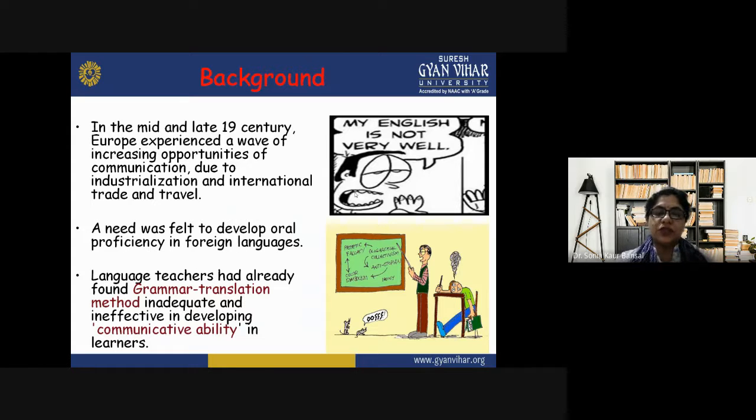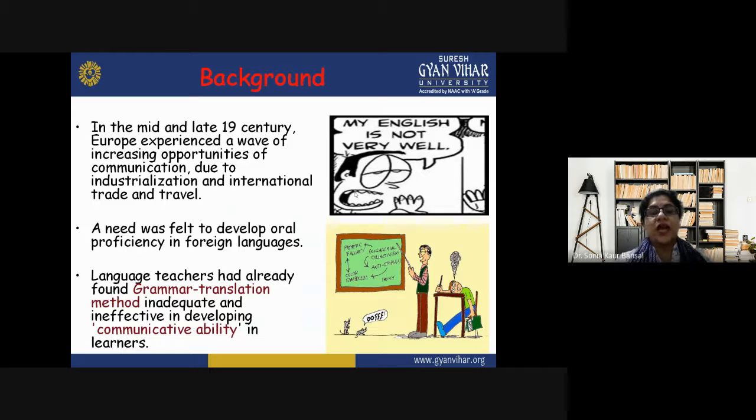Language teachers had already found the grammar translation method, also called GTM, inadequate and ineffective in developing communicative ability in learners. Students, just try to understand that when one method was found inadequate, people felt the need to develop oral proficiency in foreign languages.